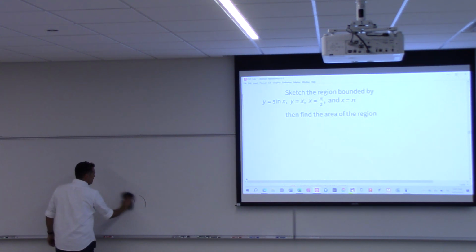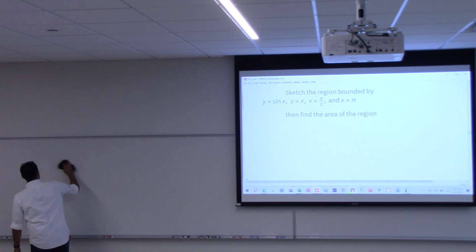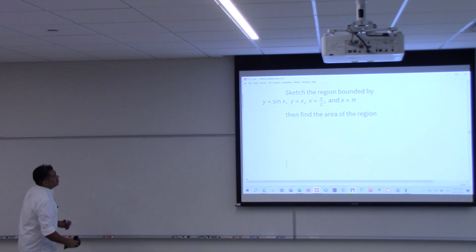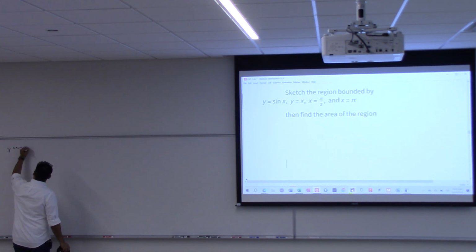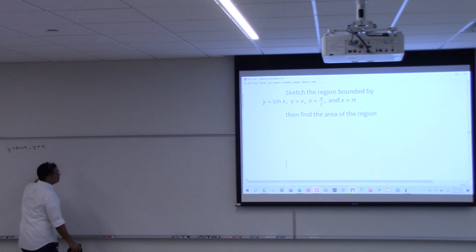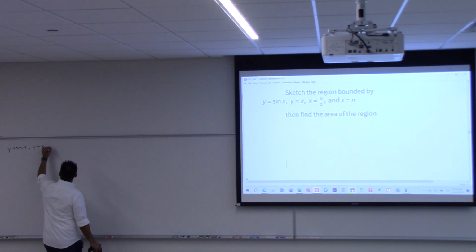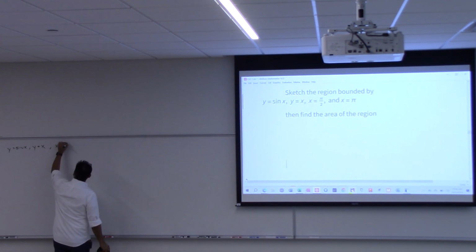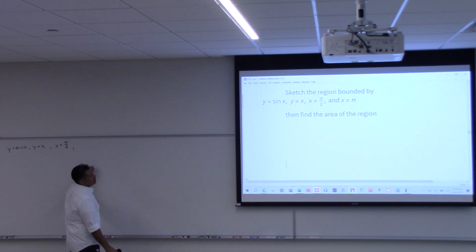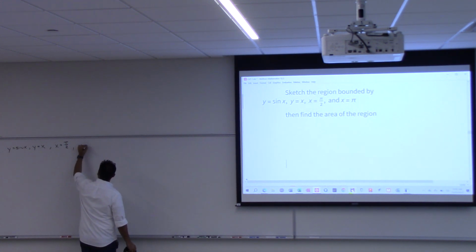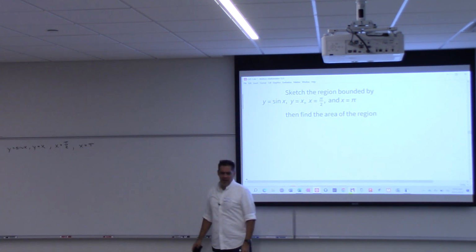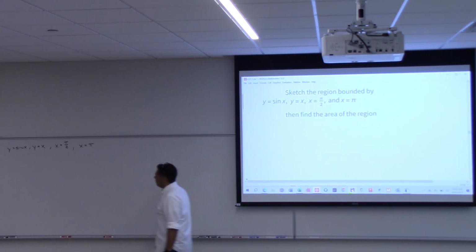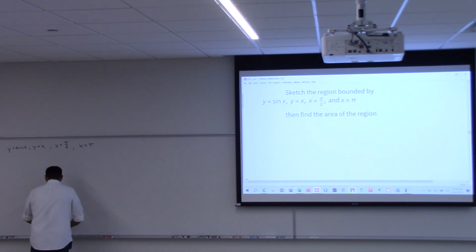Here, find the region bounded by those things, find the area. So y equals sine x, y equals x, x equals pi over 2. What the hell? x equals pi over 2, and x equals pi? Yeah. Let's try and graph these one at a time. y equals sine x. Let's do that one in blue.